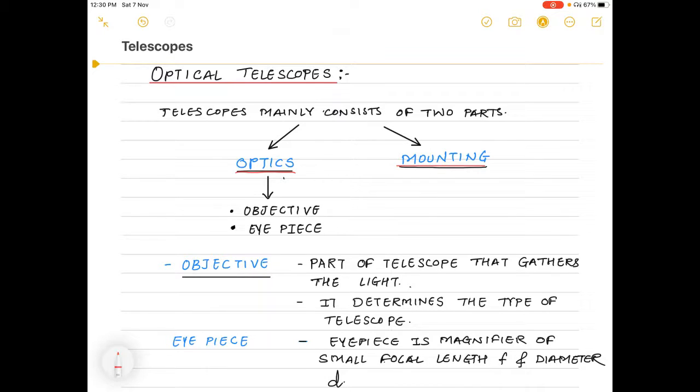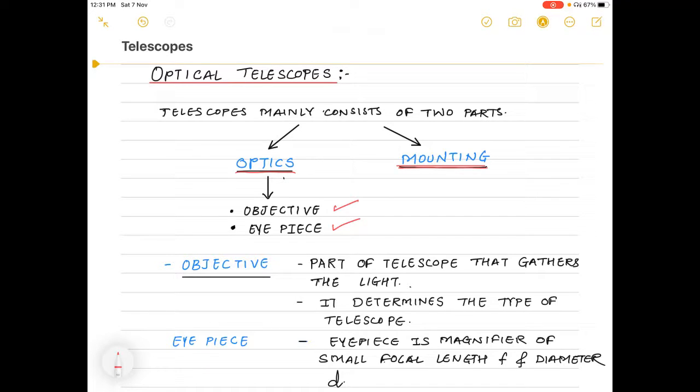Optics refers to the optical instruments which are used to make that optical telescope, basically the objective and an eyepiece. Depending upon the different types of objectives used to make these optical telescopes, there are different types of optical telescopes. The second thing which is important for the optical telescope is the mounting, which we will see in later lectures.